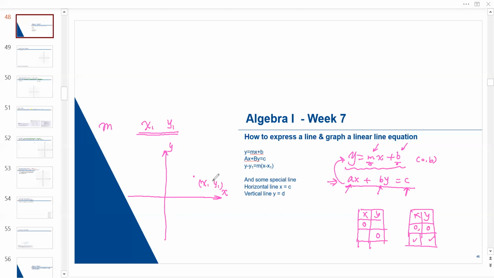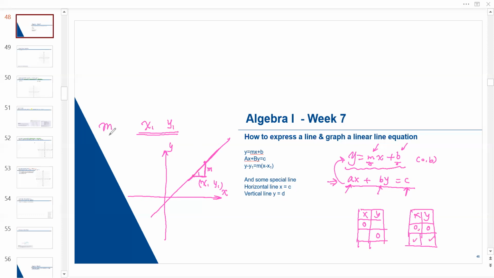The slope is m. Slope m means what? If you move 1 unit, y will move m units, right? What does m define? The initial dot here is x1, y1. So if you move another 1 unit, this one grows m units. So the slope of this one will be like this.